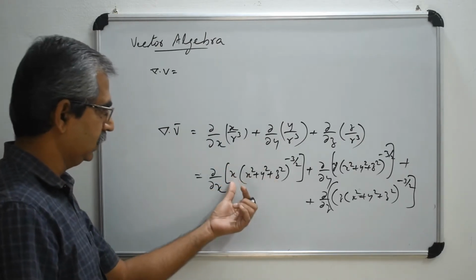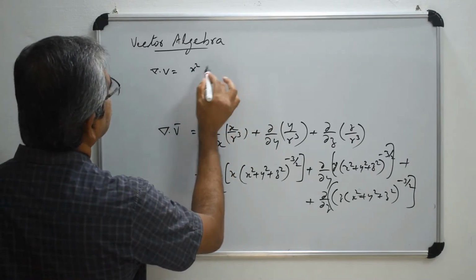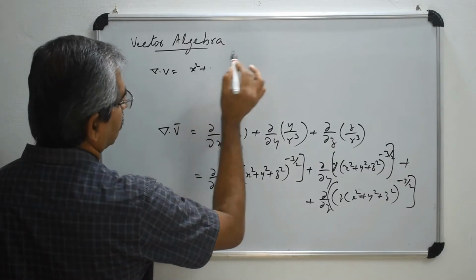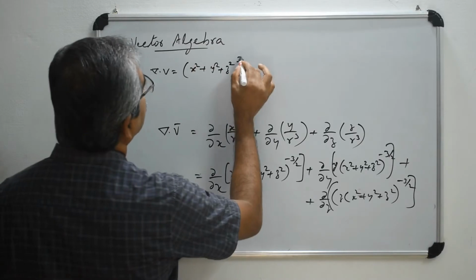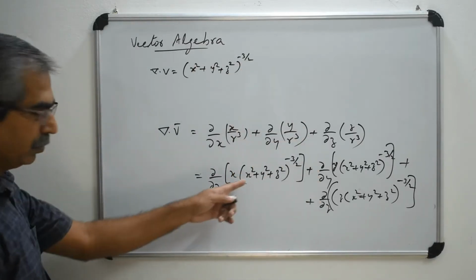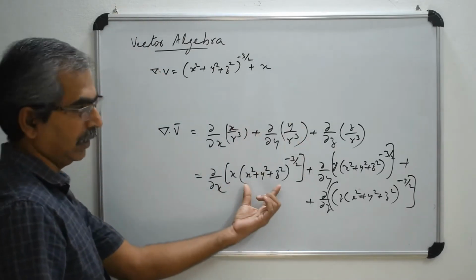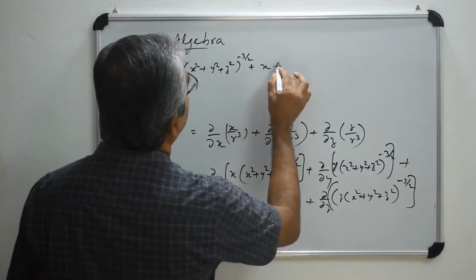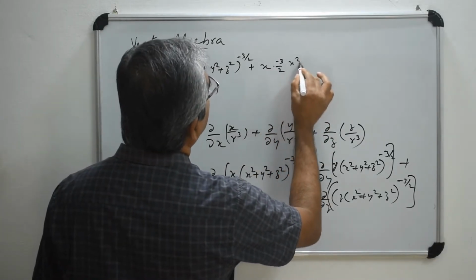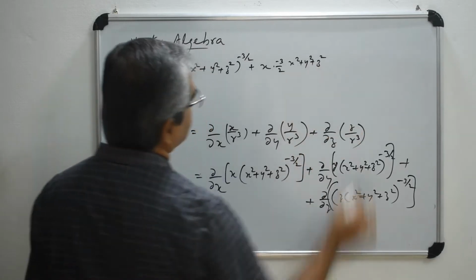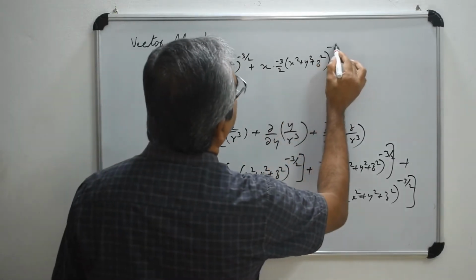This can be written as x square plus y square plus z square raised to minus 3 by 2, then plus x into the derivative of this one, x into minus 3 by 2 into x square plus y square plus z square raised to minus 5 by 2.